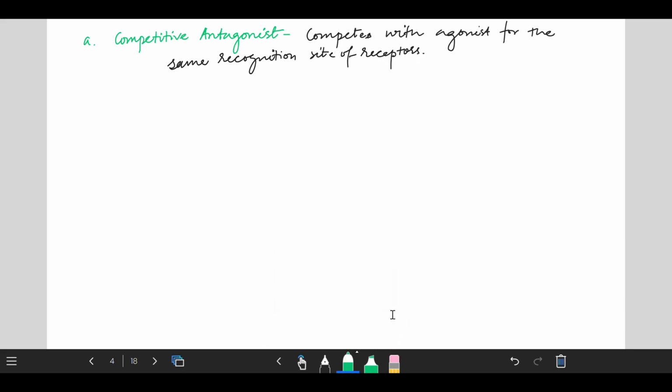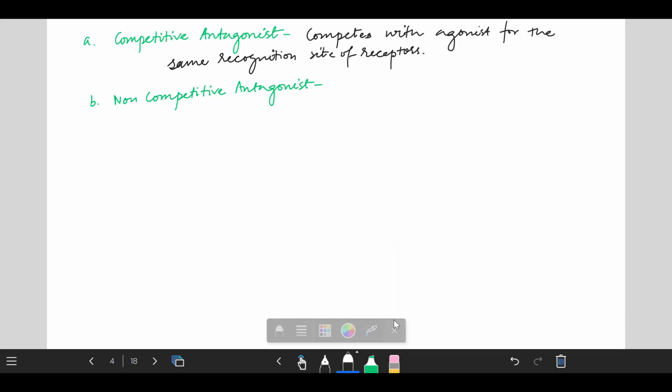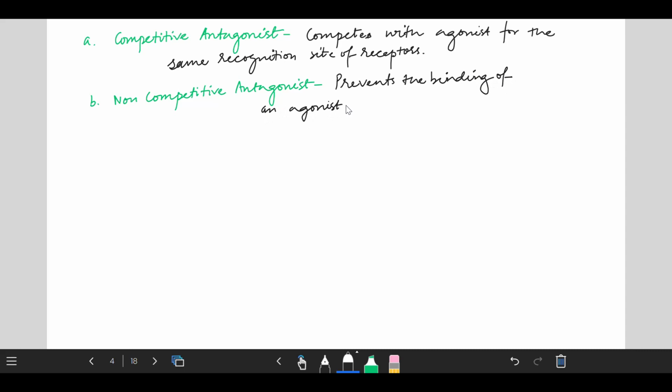But non-competitive antagonists do not compete with the agonist, but they block the activity of the agonist, or prevent the binding of an agonist, or prevent the activation of the receptor by the agonist.